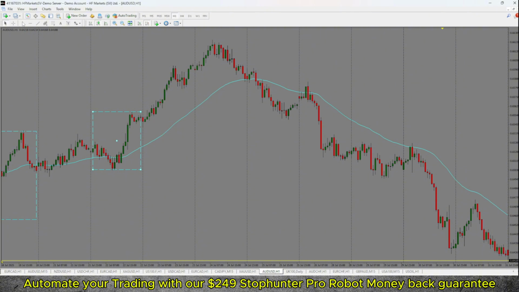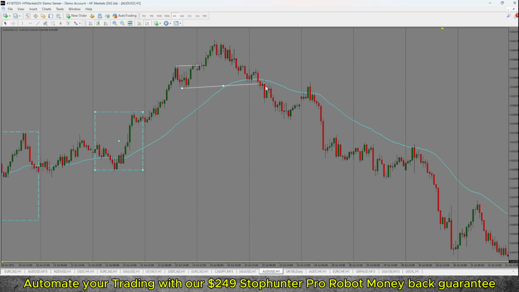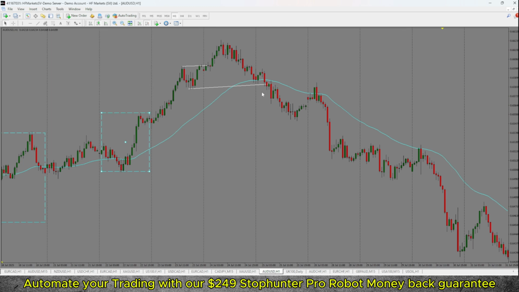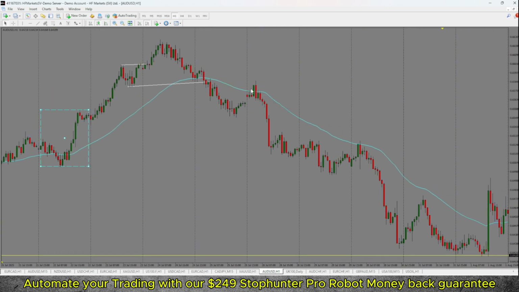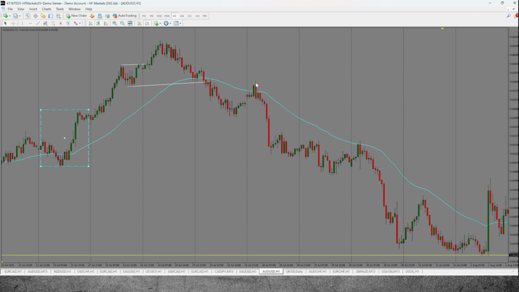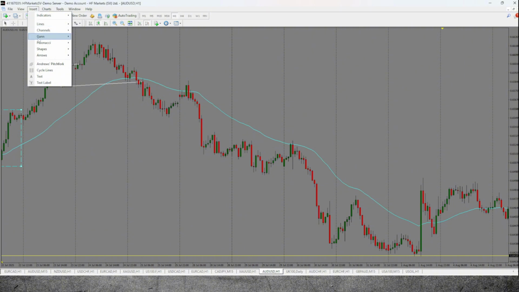On the third day, what did we get? We can see that there was a break of structure here, and we had another break of structure here. And after that break of structure twice, what did we get? We can see there was this particular pullback to the 50, a railroad track was issued, and we had a very beautiful move to the downside.